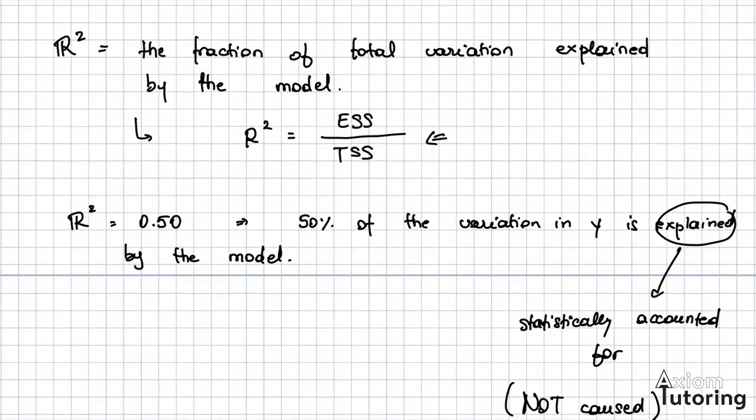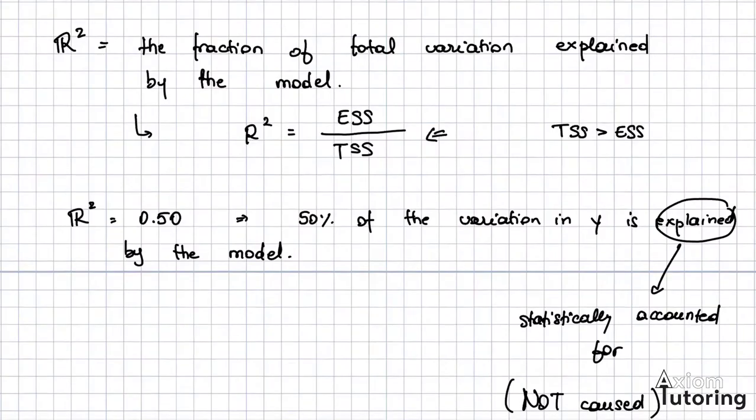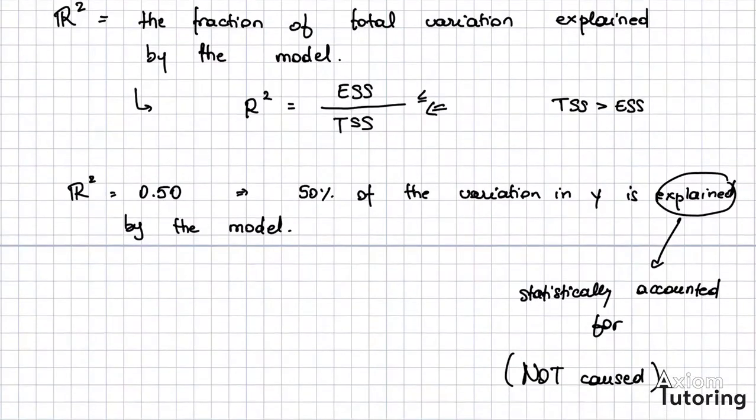As you can see, this is a ratio, and we know that there is a relationship between the total sum of squares and the explained sum of squares, and we know that total sum of squares is bigger than explained sum of squares because total sum of squares itself is explained sum of squares plus the residual sum of squares. So this ratio in here is always going to be less than or equal to 1.